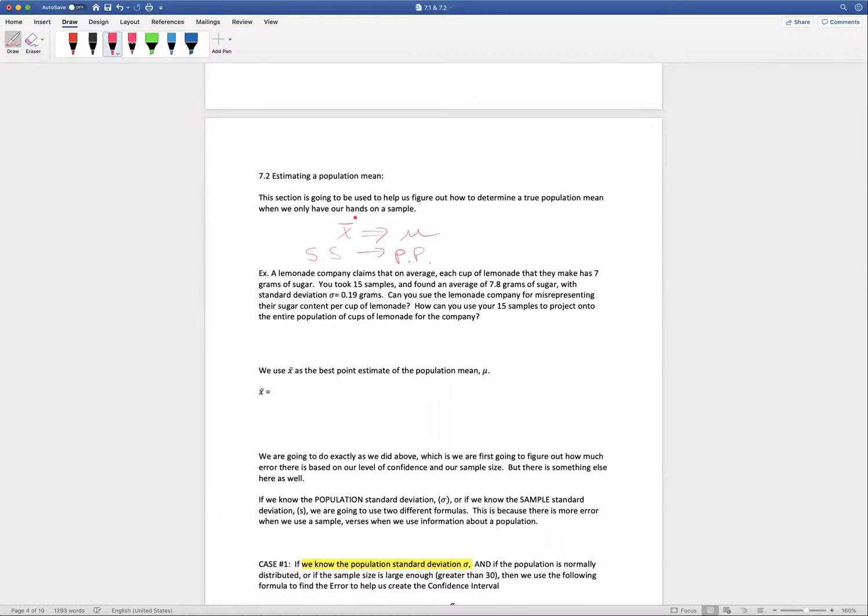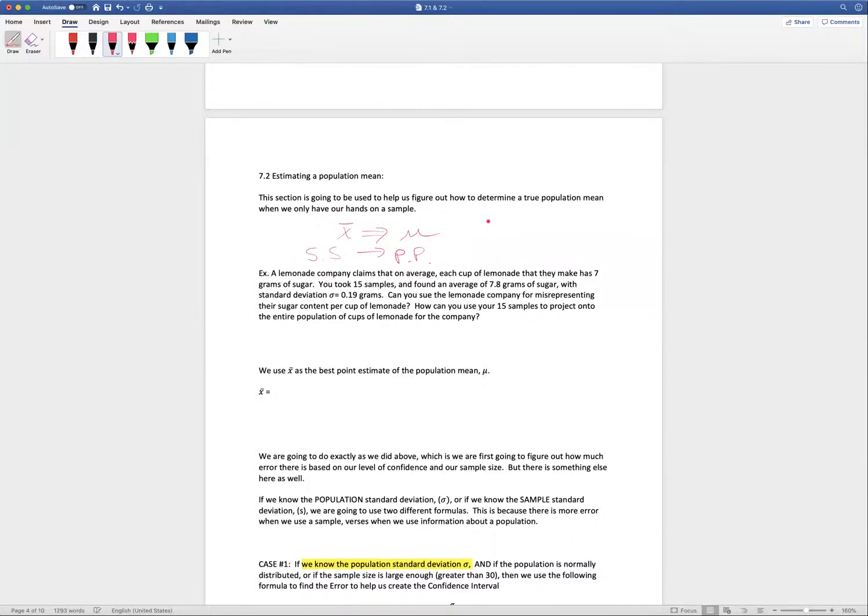And it turns out that the main idea is exactly the same as when we looked at how to estimate a population proportion. We introduce error because we're dealing with a sample rather than a population parameter.